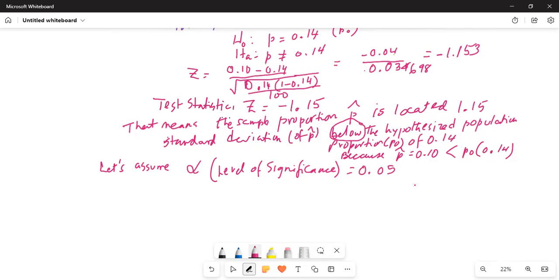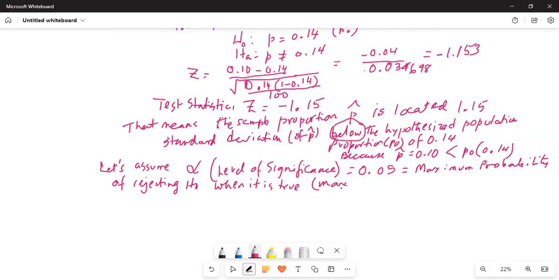Remember, the level of significance equal to 0.05 is the maximum probability of rejecting H0 when it is true. This is the maximum probability of making a type 1 error.